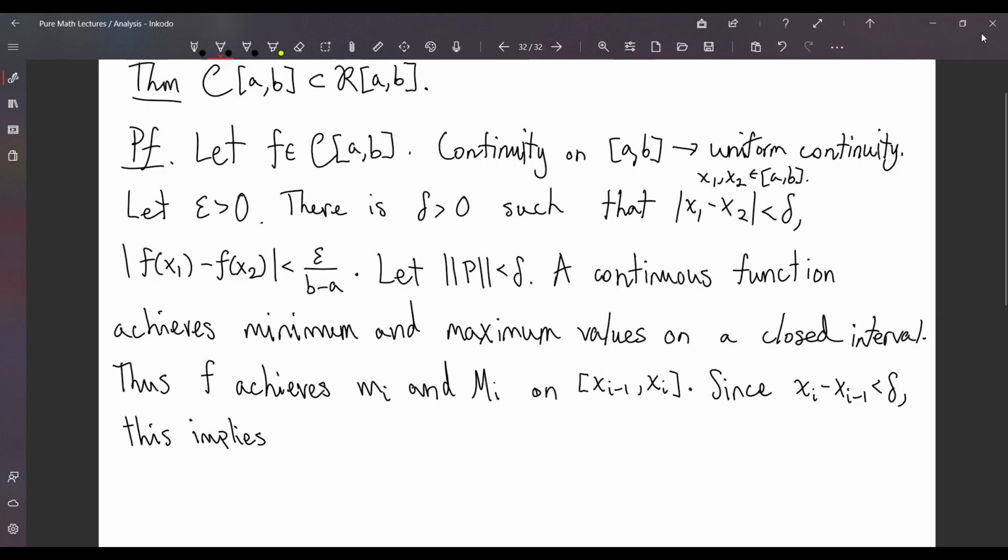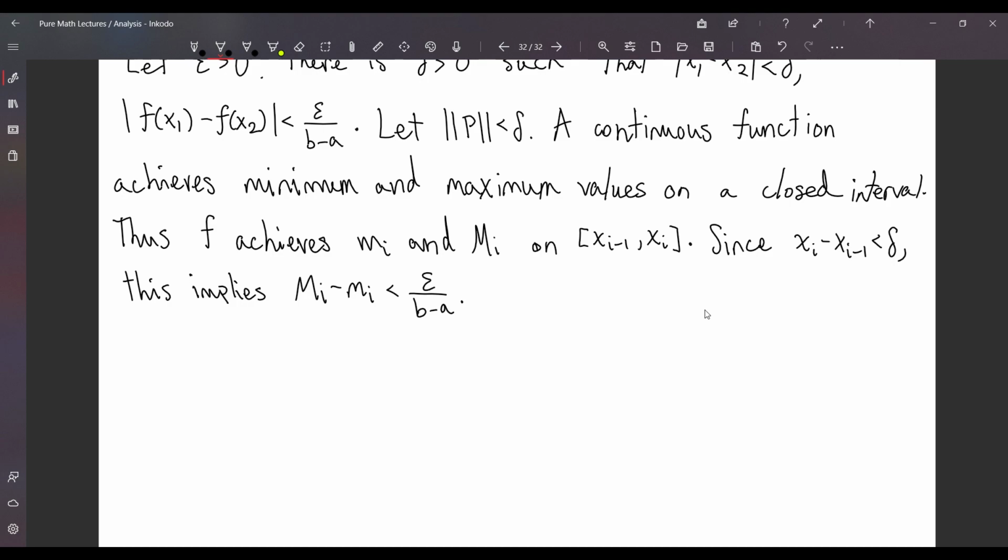And so this means that the difference between the upper and lower values is less than epsilon over b minus a. Okay. So we're using the uniform continuity condition to show that the big M and little m are within epsilon over b minus a of each other.